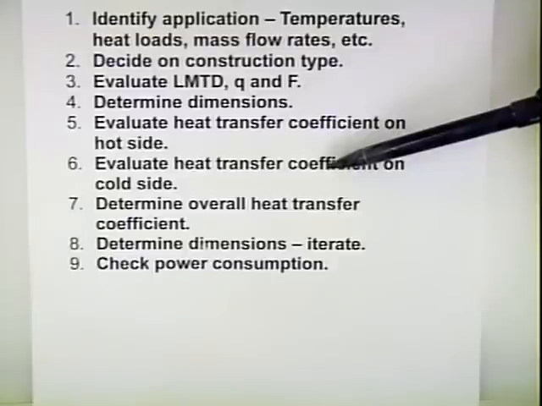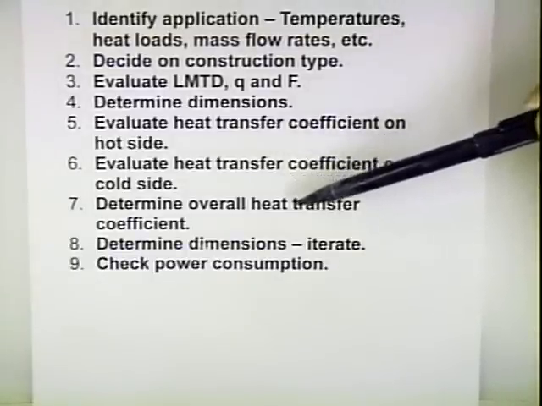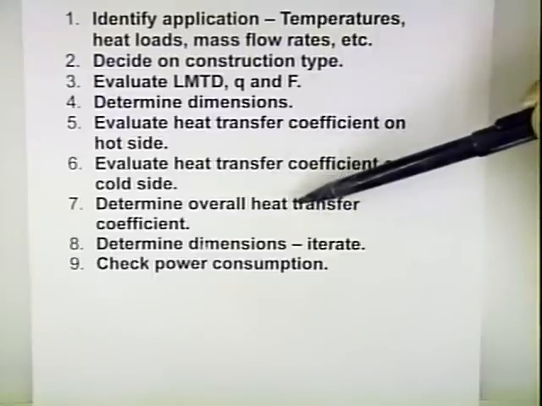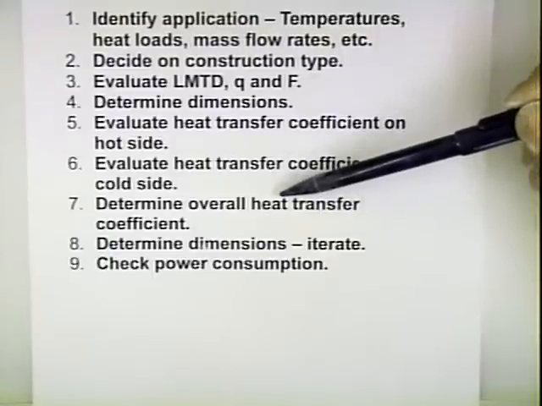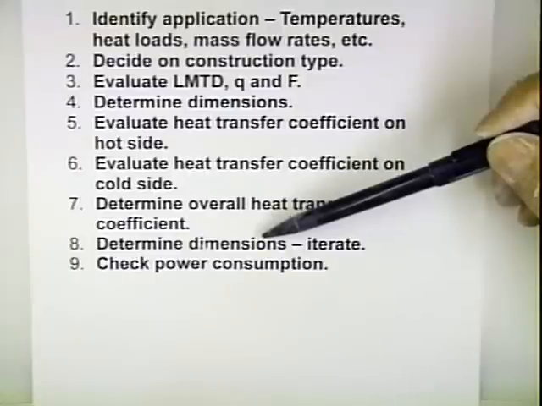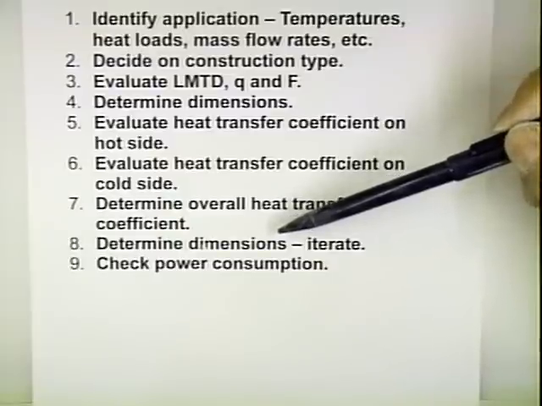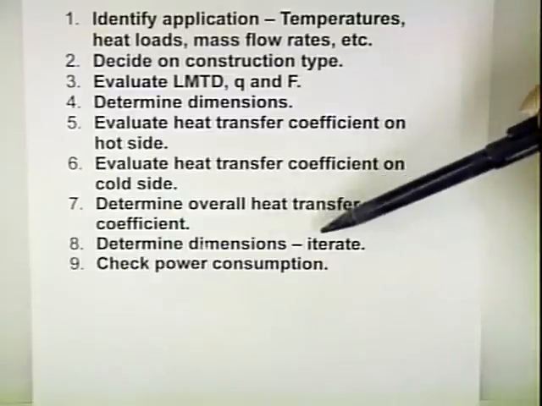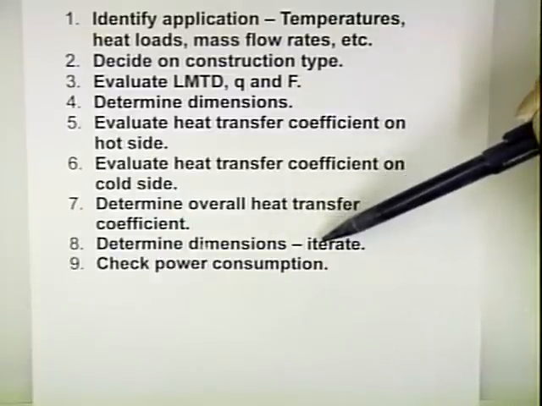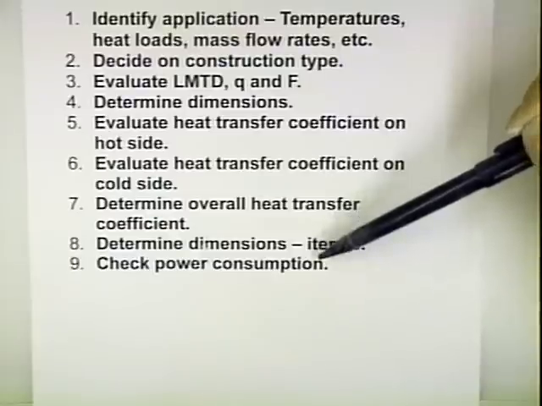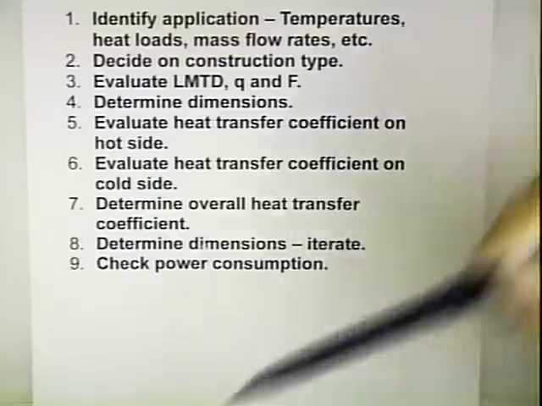In this case, we made the assumptions that we had thin walls and no fouling, and we were able to easily determine the overall heat transfer coefficient by summing the resistances. Once we'd done that, the only dimension left to determine was the length. It turned out that the number of baffles based on our process was not a whole number, so we had to iterate until we got a whole number, and then finally we checked the power consumption.